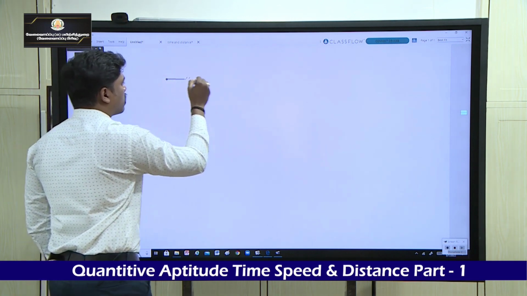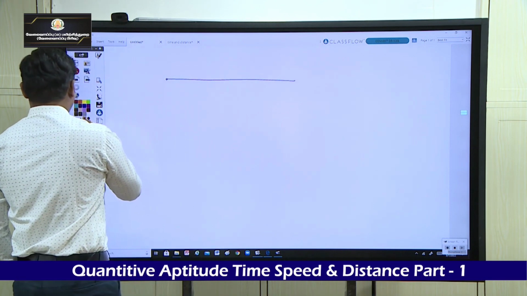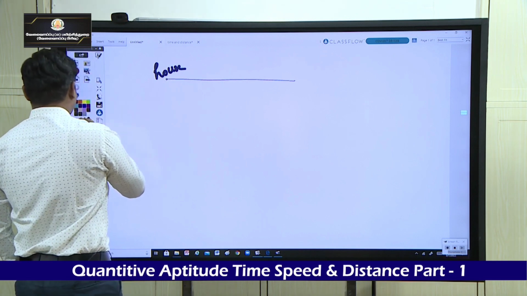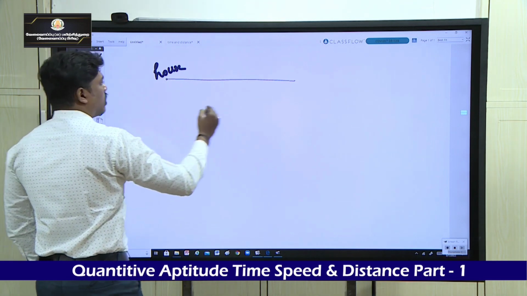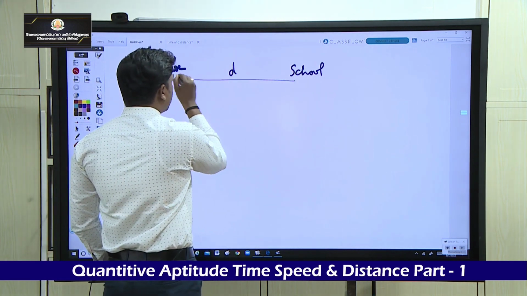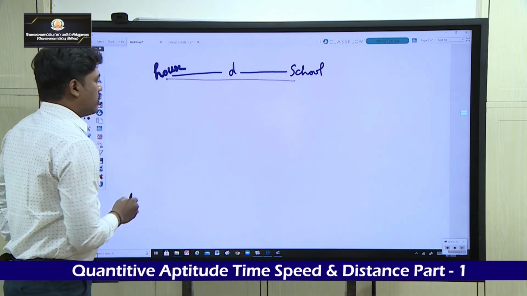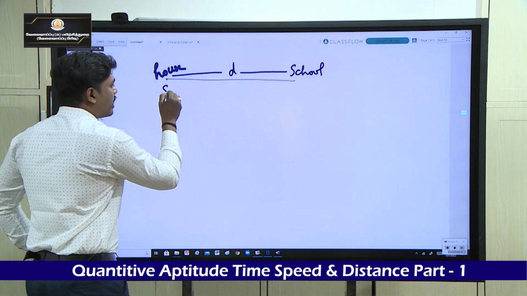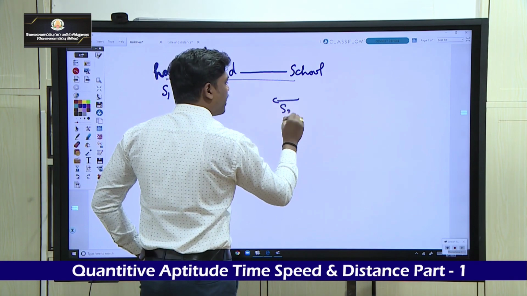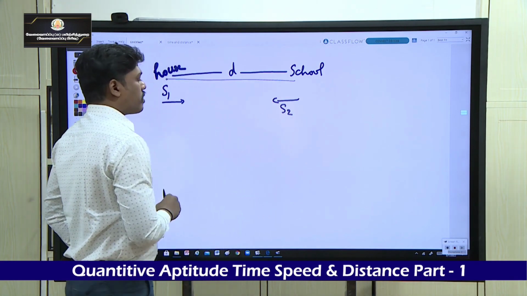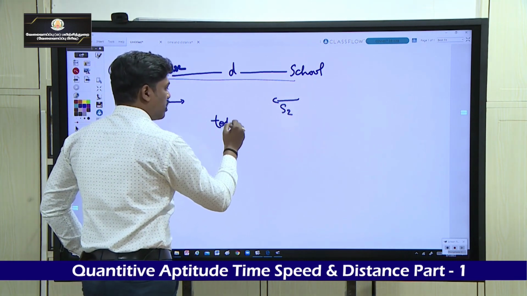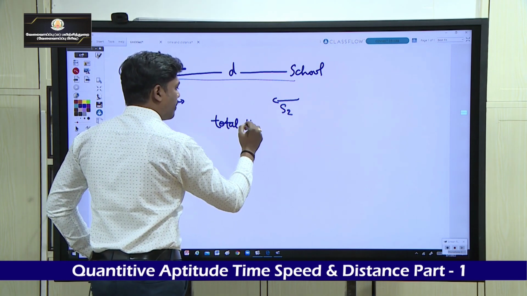Here this is the house, and this is the school, and the distance between them, take it as D. The boy goes at a speed of S1 kilometers per hour and comes back at a speed of S2 kilometers per hour. And T be the total time taken.